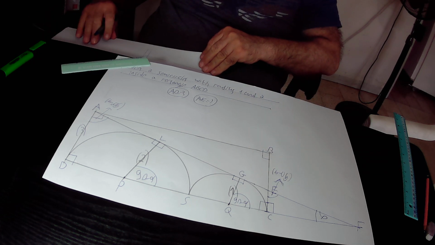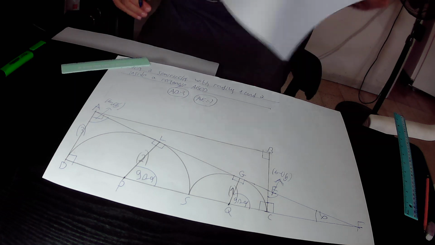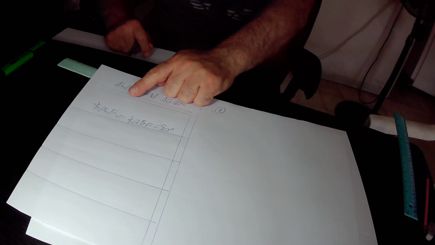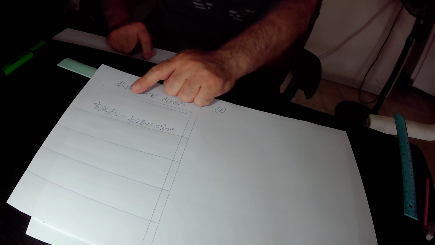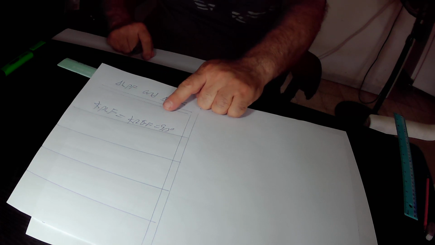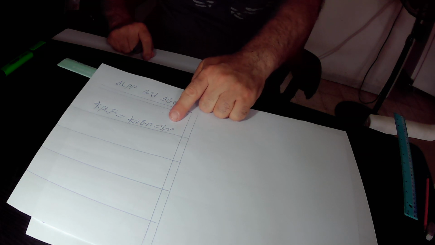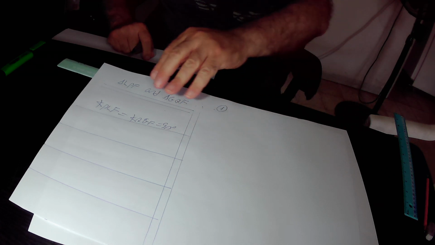Repeat again. Angle PLF in the big right triangle LPF equals angle QGF in the small right triangle FGQ. They are both equal to 90 degrees and therefore they are equal to each other.